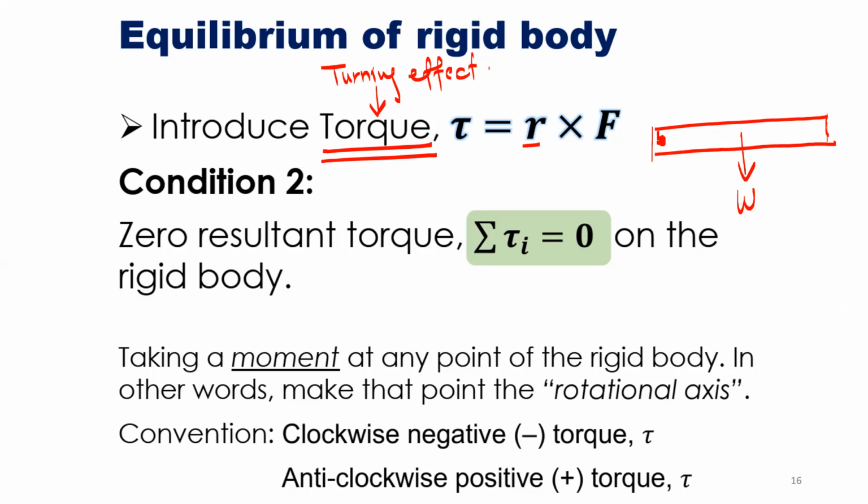If it is a uniform rod, I'm expecting it to be at the midpoint. The total length of the door is L. And at one end, a string is tied, so it produces a tension force acting upward. Since the weight is acting at the midpoint, this has to be L over 2.